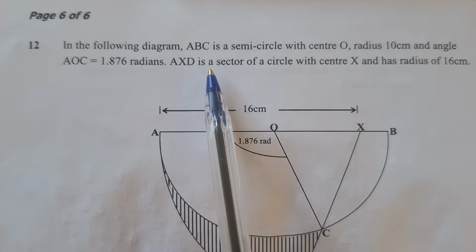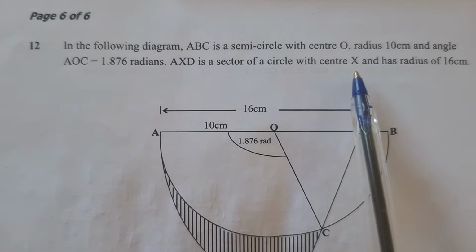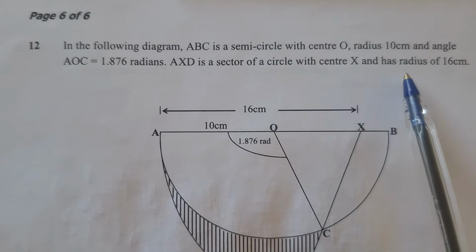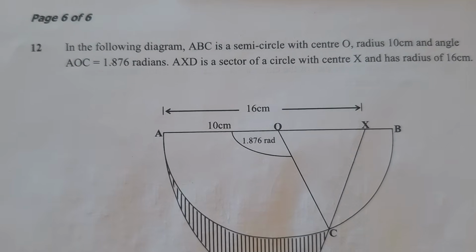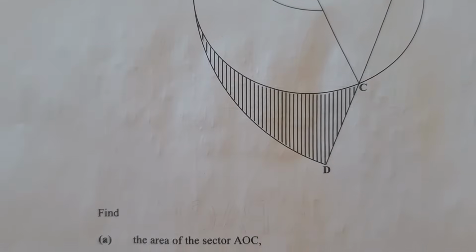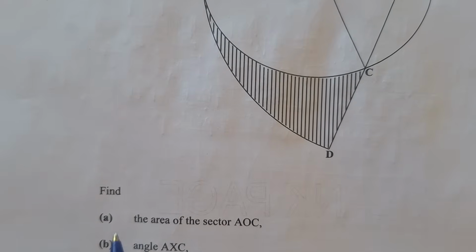AXC is a sector of a circle with center X and has radius of 16 centimeters. The first question is to find the area of sector AOC.